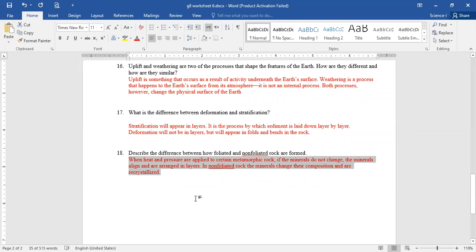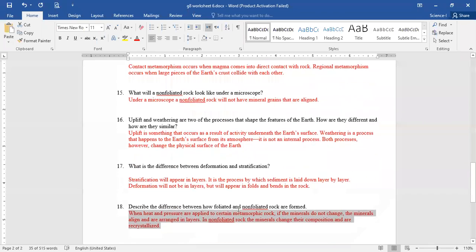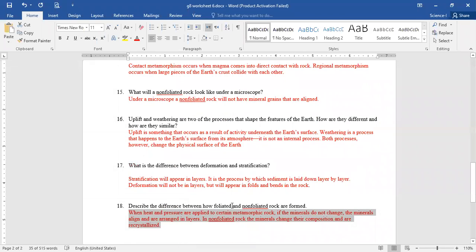That means they are going to form a new mineral, so they will be like one piece. And in that case, I cannot see these bands or planes. Is it clear, guys? Yes. So does anyone have any question regarding this part or this section? No, thank you. So everything is clear?